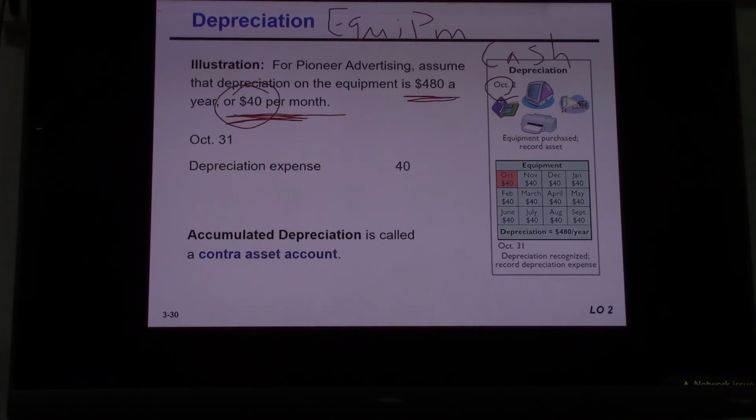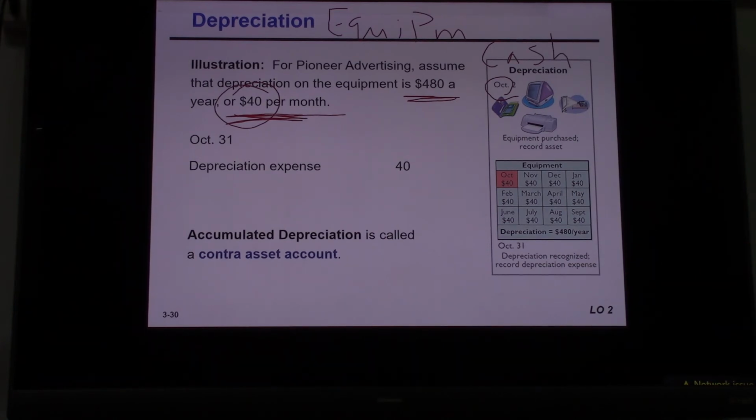The balance in the equipment account will remain unchanged by this adjustment. Rather than decreasing or crediting the asset account directly, Pioneer instead reduces it indirectly. We will reduce equipment in an indirect way by crediting a new account called accumulated depreciation for equipment.